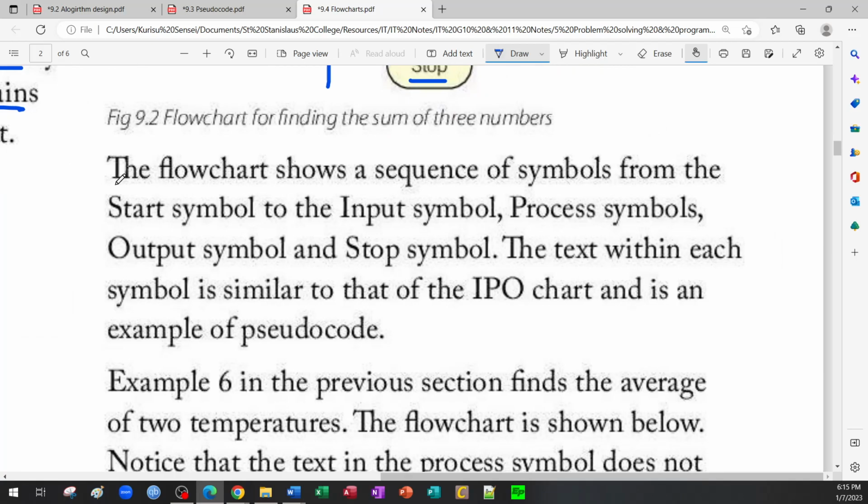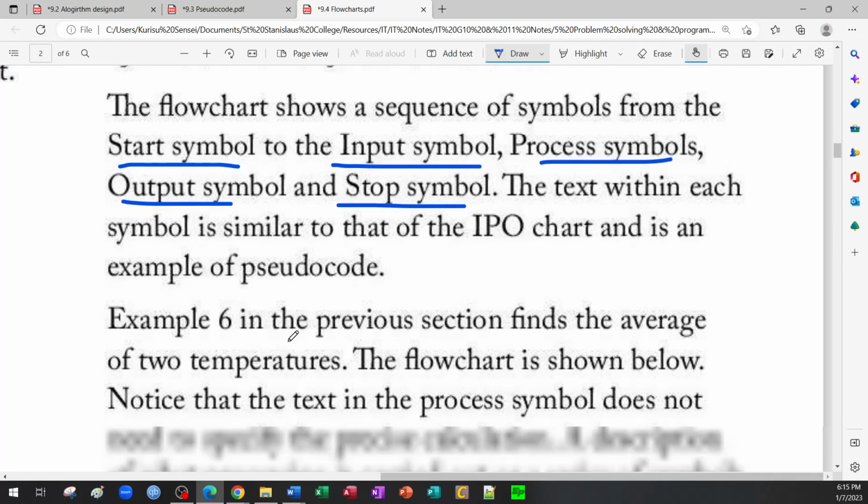So the flowchart shows a sequence of symbols from the start symbol to the input symbol, process symbol, output symbol, and then the stop symbol. The text within each symbol is similar to that of the IPO chart and is an example of pseudocode.